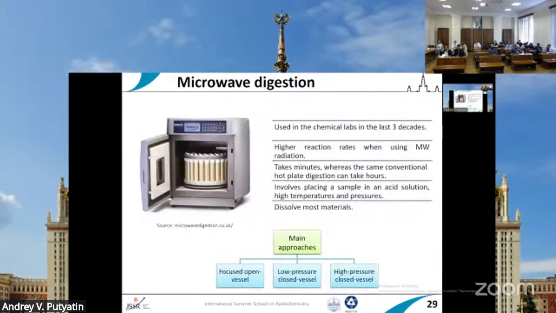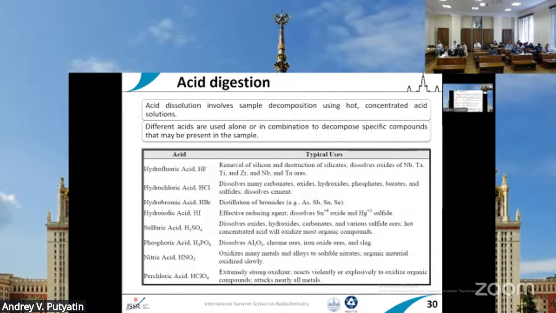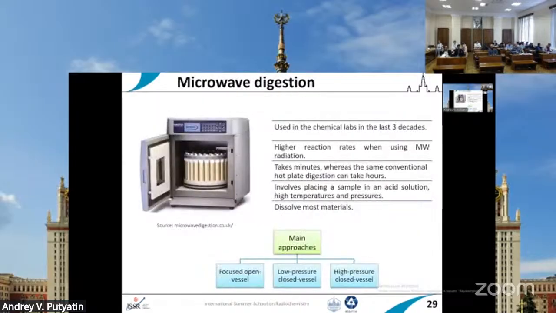Microwave digestion and acid digestion are very close to each other. But in microwave digestion, as the name of the method says, we use a microwave oven to dissolve the sample. So again, we use some acids. It is very close to acid digestion, but we improve the efficiency and decrease the time of the procedure.